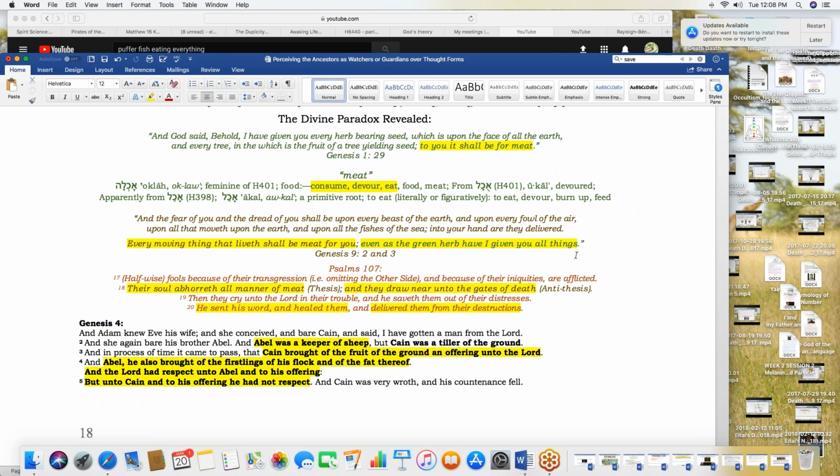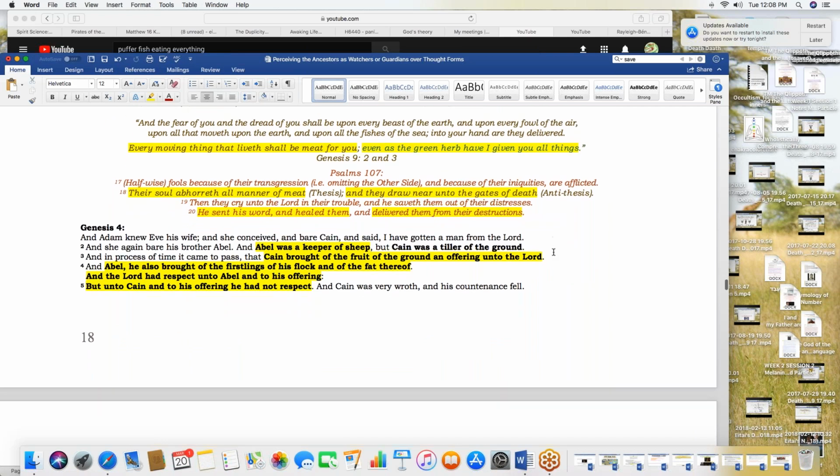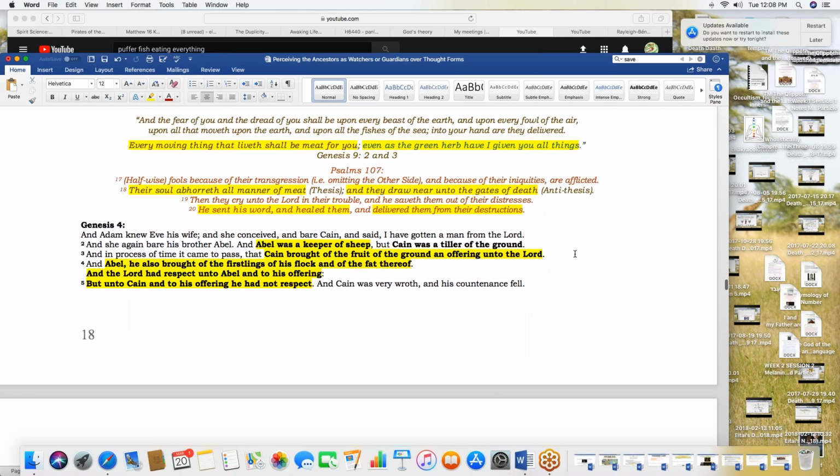Then 8 chapters later, we were told to do like the puffer fish. And everything that liveth shall be meat for us. Am I mistranslating it or misreading it? No. Even as the green herb have I given you all things. We got to look at this.